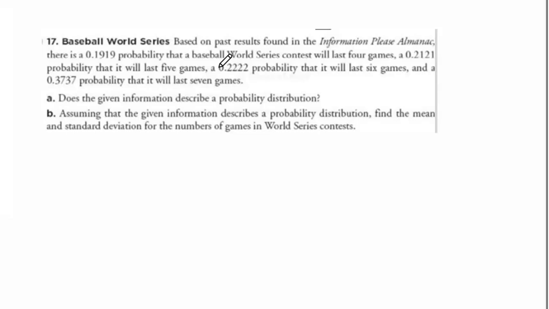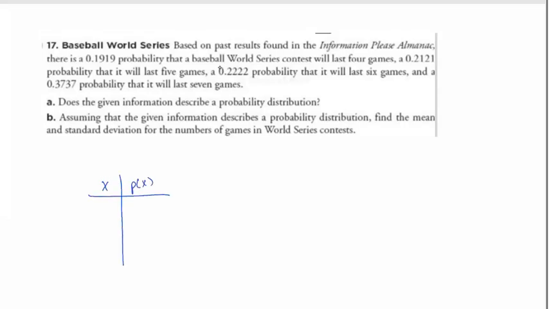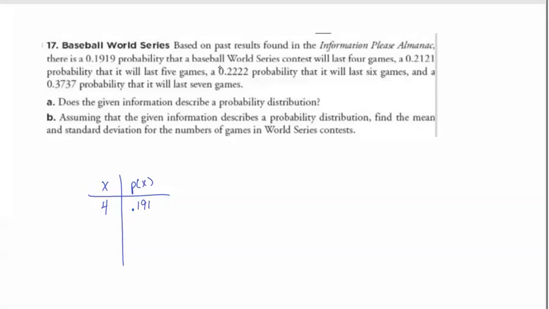Let's look at that next one. We're talking about the Baseball World Series. There is a 0.1919 probability that a Baseball World Series contest will last 4 games. So 4 games. X is the number of games. And then this is the probability associated with that.